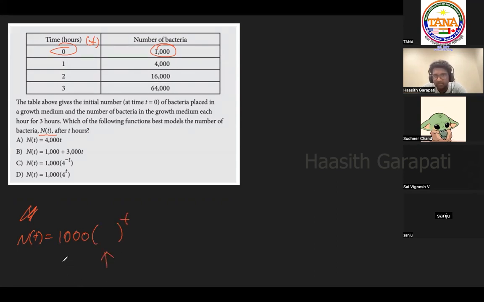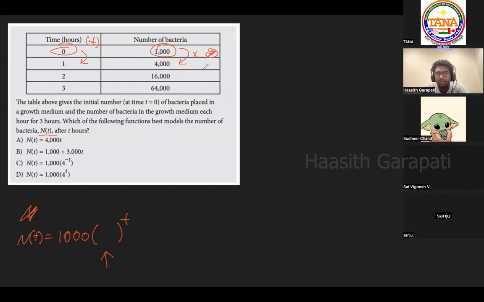Now, what is the growth factor? The growth factor can be really simple sometimes because exponential models are not all percentage-wise. Sometimes they're just, oh, we're just going to multiply it by 3, or we're going to multiply it by 4. So in order to find the growth factor, look at how much time has changed, and then look at how much the value has multiplied by, not how much it has added by, and you'll see a pattern.